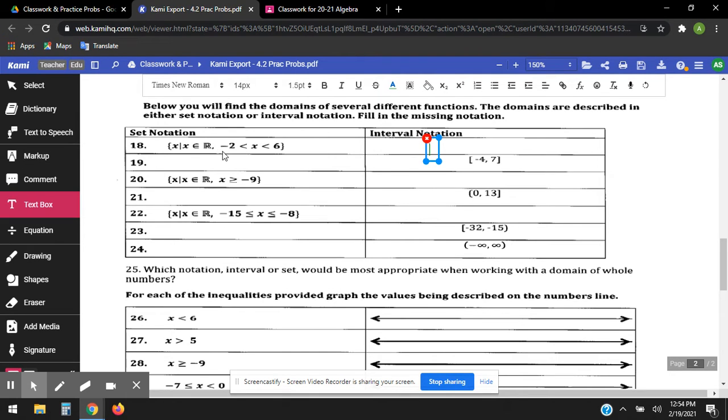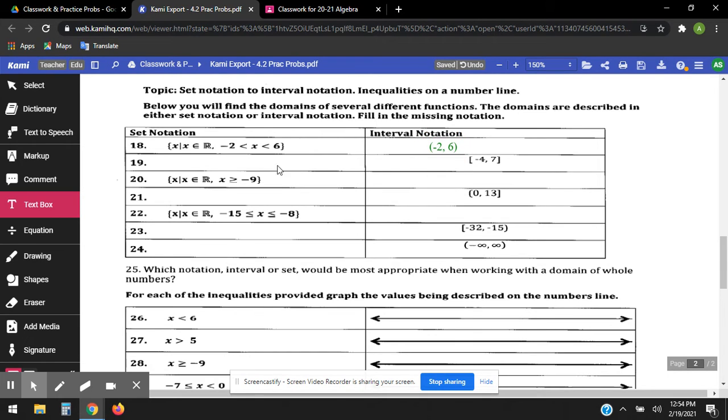Well, I'm starting at -2 and I'm going all the way to 6. So I know I'm going to need those numbers because it's all real numbers in between. But I'm not equal to -2 and I'm not equal to +6. So I would actually do parentheses around each of these. So that would be the interval notation for that.